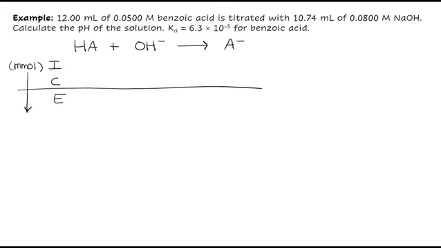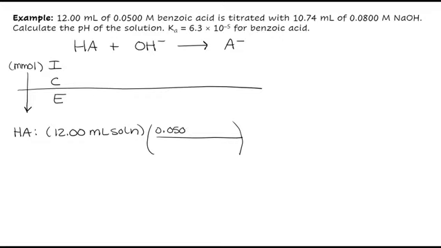We need to calculate the millimoles to fill into this table. We'll start with HA. We have 12 milliliters of solution times the molarity of the HA, which is 0.0500 moles of HA per liter of solution.